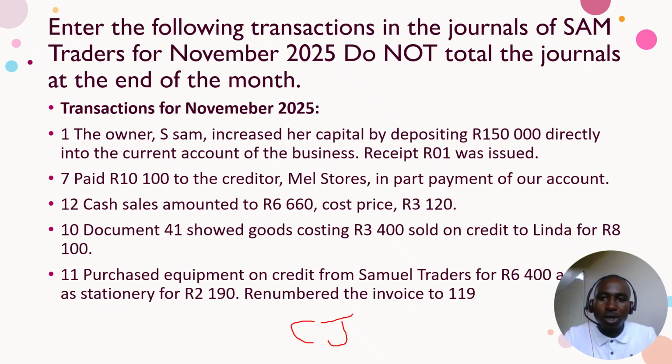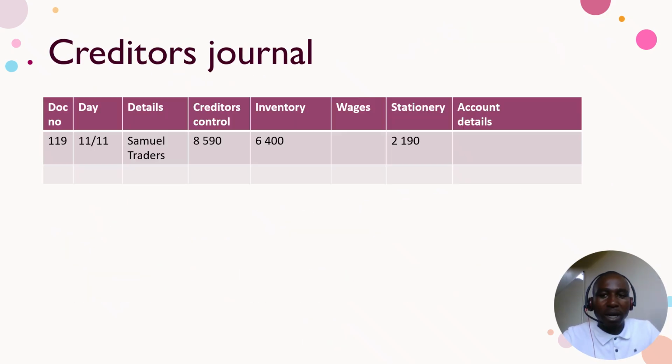So in your creditors journal, you write under 3 columns. Let's go to our creditors journal and see how we write it. Here is our document number 119, and the day, 11th of November.